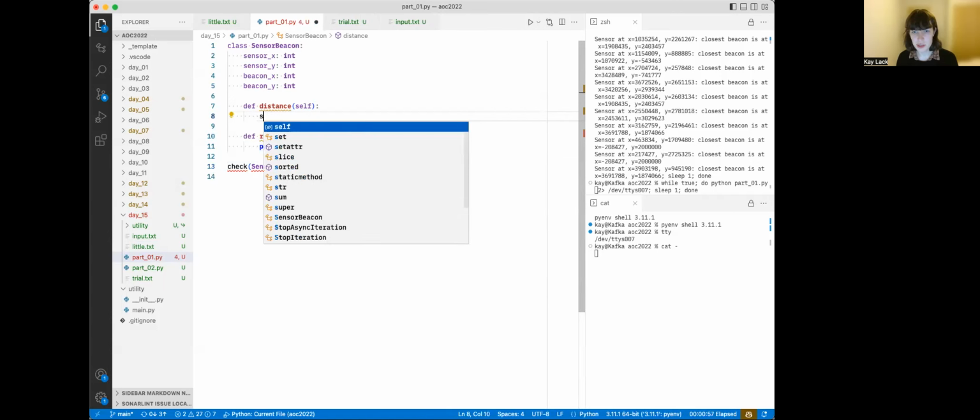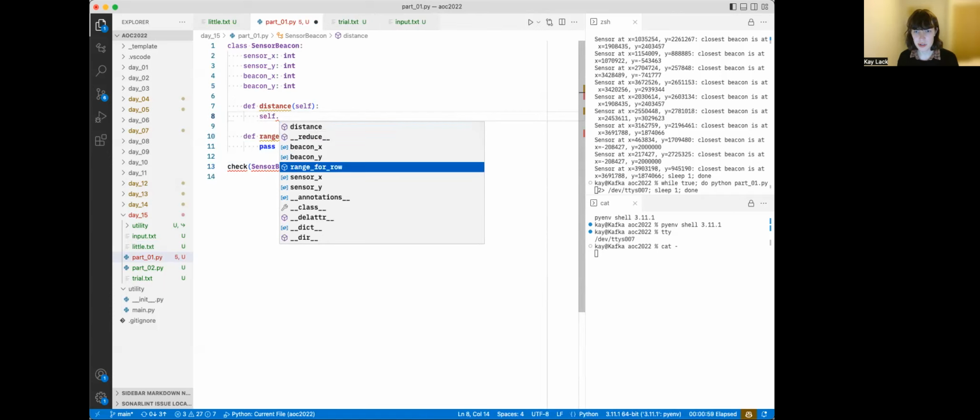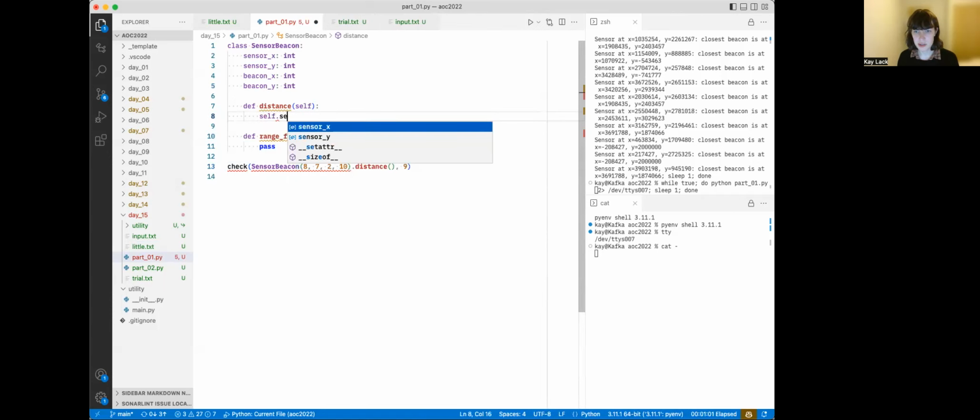Okay, so to do this, we've got to do self sensor x minus self beacon x, and then y. I don't know why I choose a new coordinate storage system every single time.